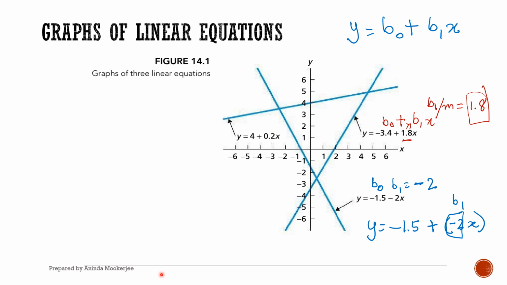Let's look at the equation for that. It's y equals 4 plus 0.2x. Now, because it's rising, even if it's rising slowly, it's still rising, its slope better be a positive slope, which it is. It's plus 0.2. That's the slope. And the y-intercept is 4.